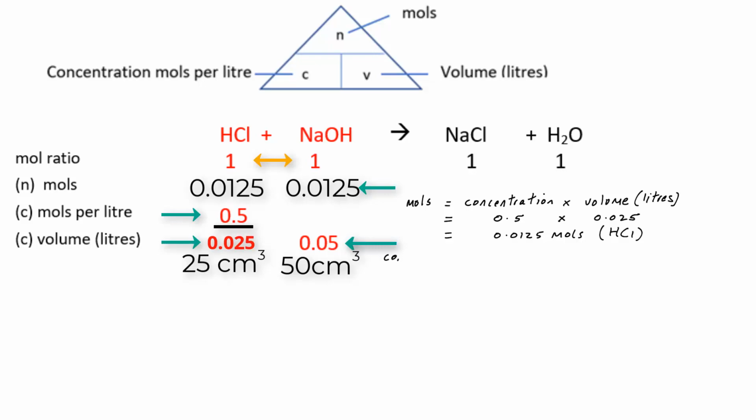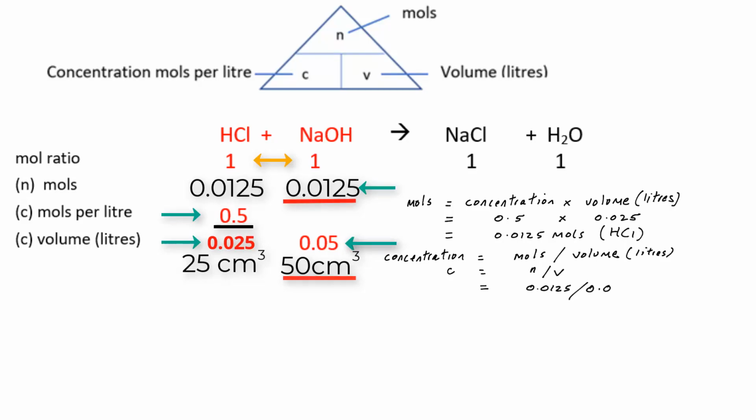That of course is concentration equals moles divided by volume in litres, or C equals N divided by V. Another way you should read this is that you have 0.0125 moles in 50 cubic centimetres of solution. So, if you divide 0.0125 by 0.05, you end up with 0.25 moles per litre, and that's the concentration of sodium hydroxide.